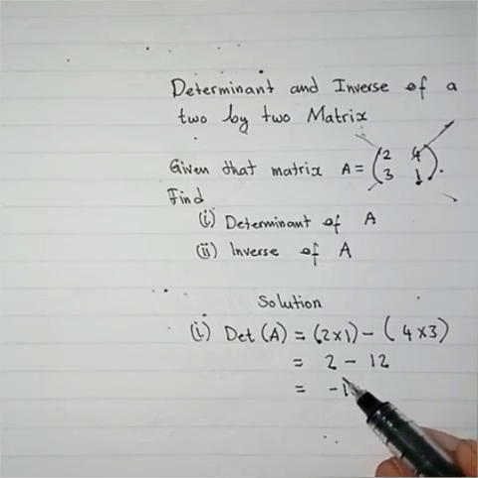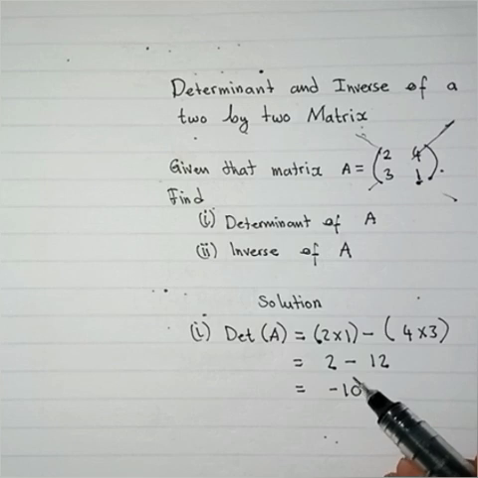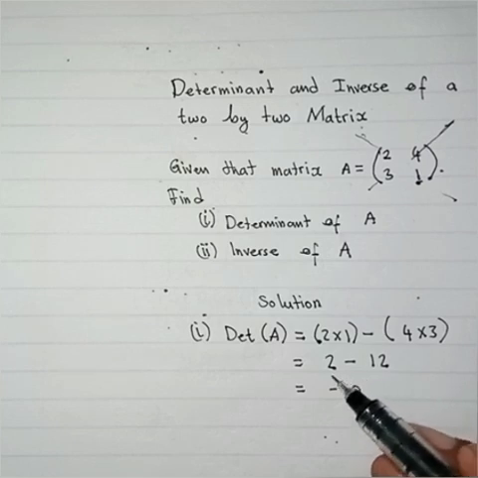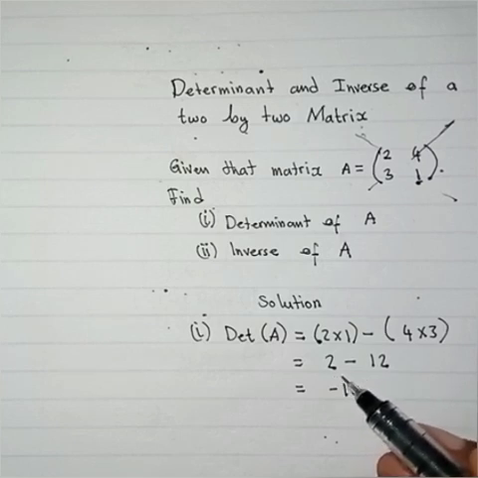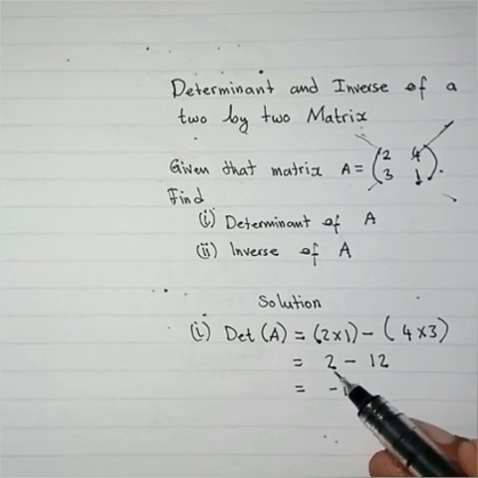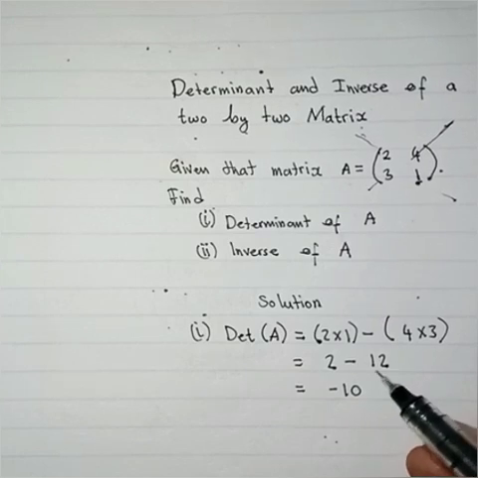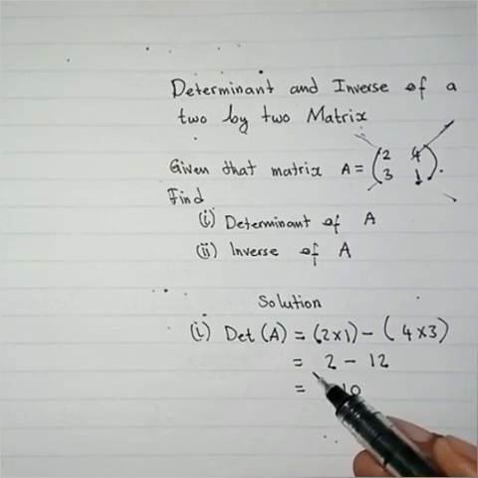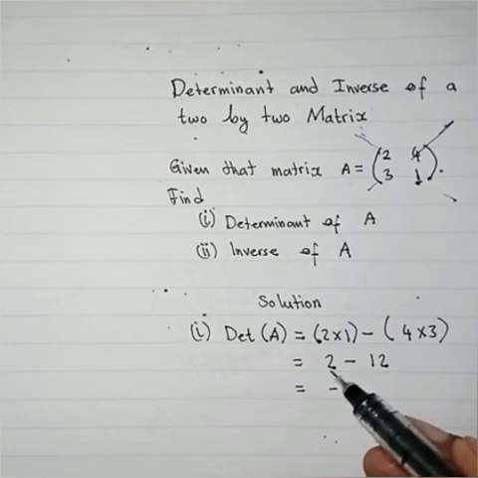It is always important to note that when we are doing subtraction of integers, given that the numbers have different signs, 2 has a positive sign, 12 has a negative sign.